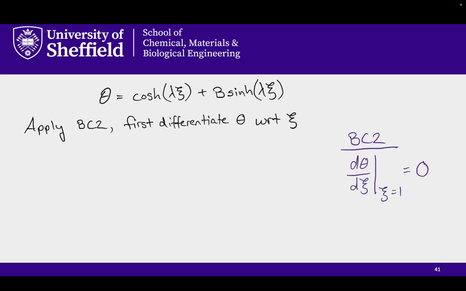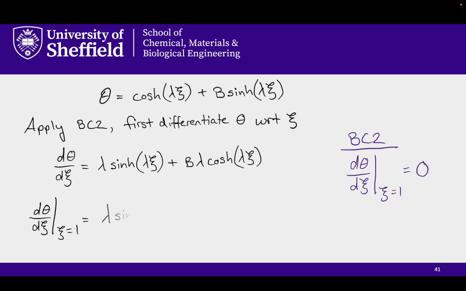Differentiating hyperbolic cosh and sinh is very similar to differentiating sine and cosine, except that it's always positive. The constants lambda come out front because they're multiplying the variable of differentiation, xi. And we can plug in xi equal to 1 and set the value of this derivative to 0, because that is boundary condition 2.